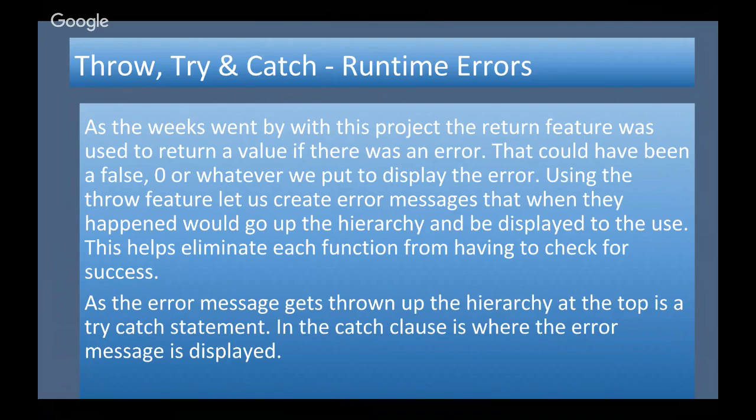So as it goes from the view to the control, it just gets thrown up, and then at that point there's a try catch. If there is a runtime error within that try catch from the throw, then it's going to display whichever error is there. And that's also the point of try catch, to catch which message to display from what's thrown.